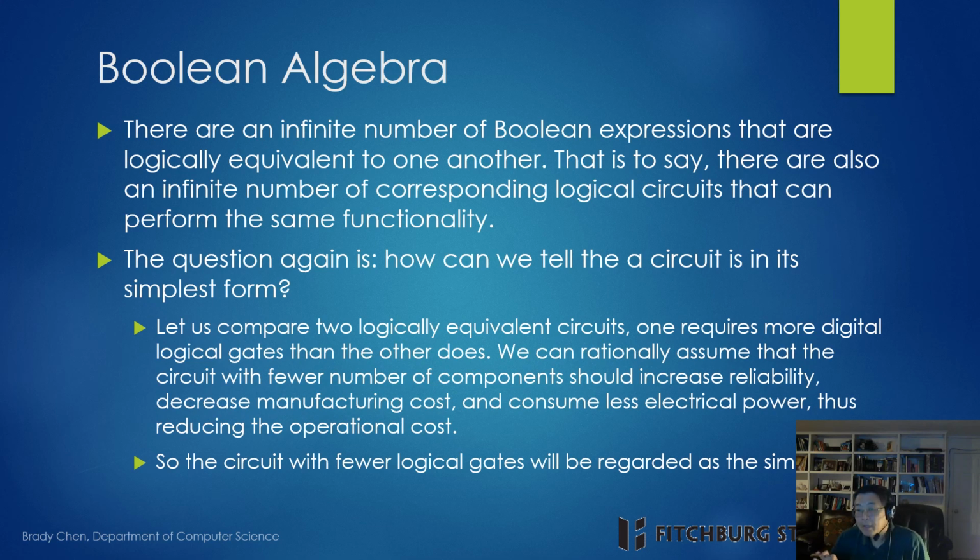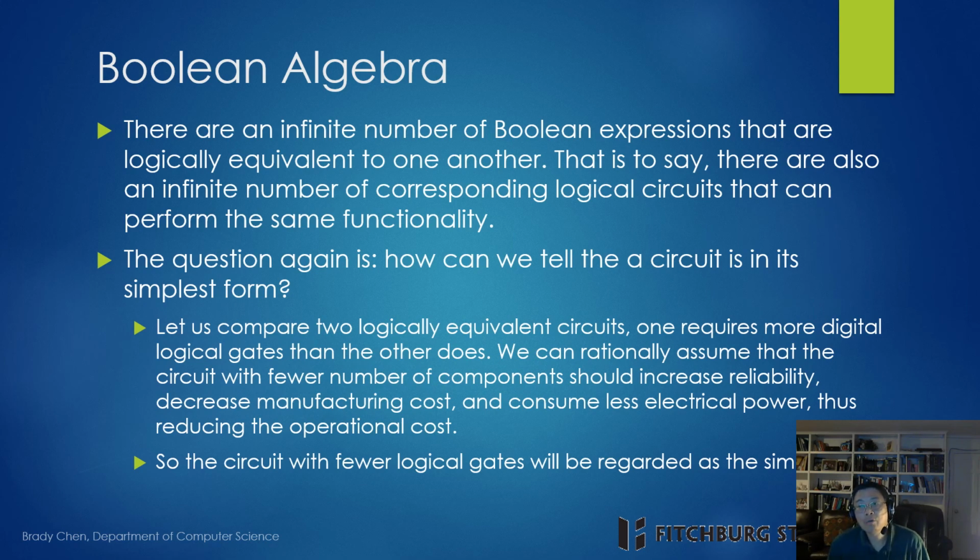Now, to answer the question, let us assume that there are two logically equivalent circuits. One requires more digital logical gates than the other one. So we can rationally assume that the circuit with a fewer number of components should increase the reliability, because it consists of fewer gates and fewer components.